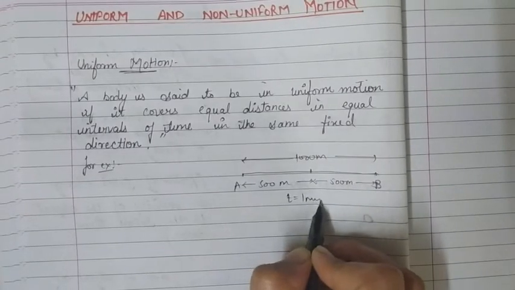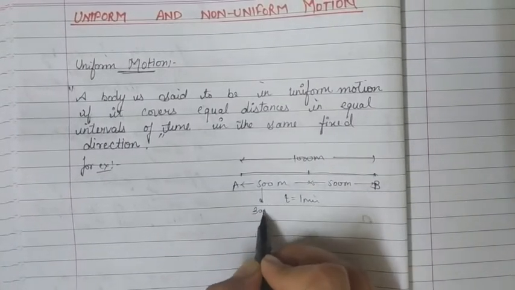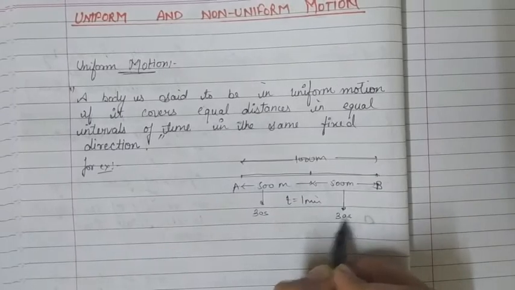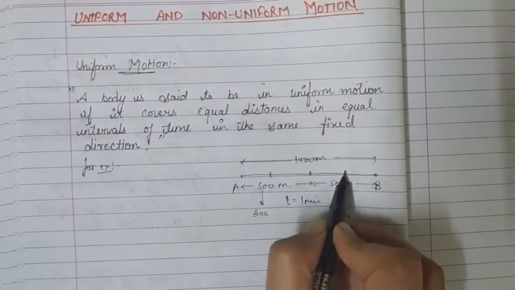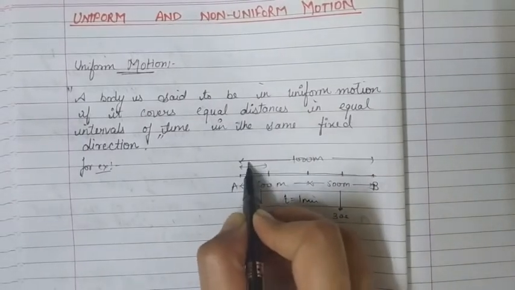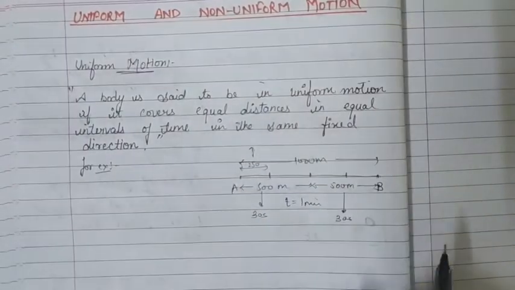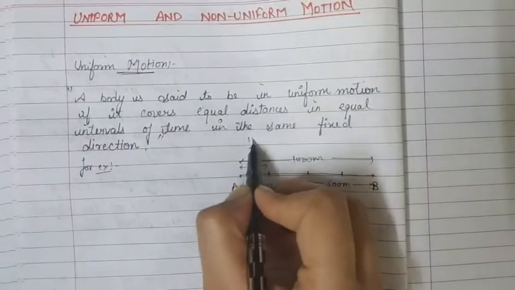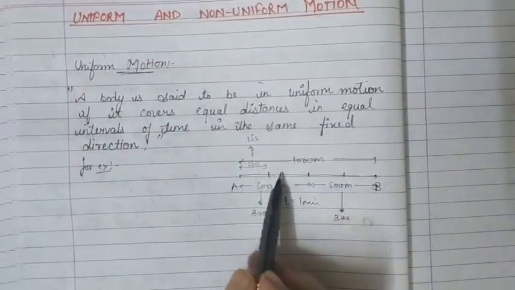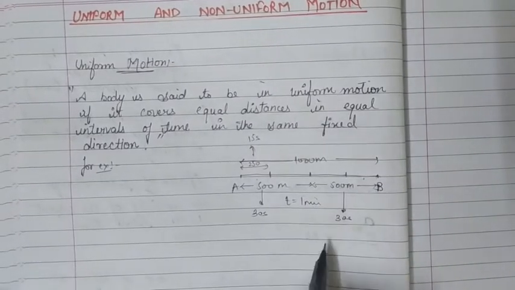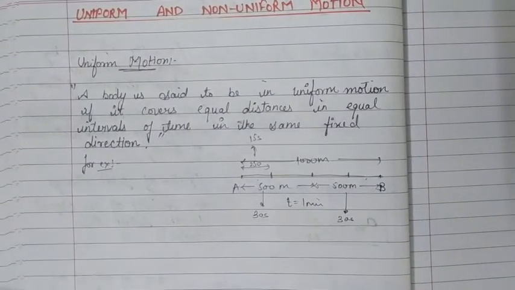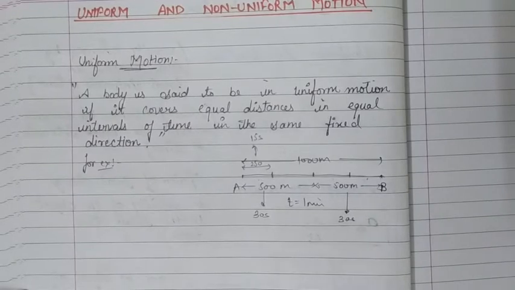This is 1 minute, so 30 seconds for this and the remaining 30 seconds for this. Similarly, it covers 250 meters each for every 15 seconds. That means 15 seconds for 250, again 15 for 250, again 15 for 250, and again 15 for 250. Then such type of motion is called uniform motion.